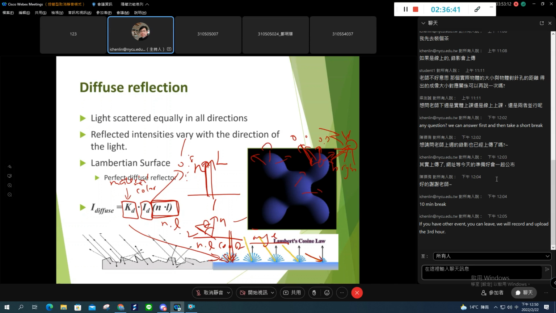So based on this kind of image, we can estimate the surface normal from a single image, or of course we can also use multiple images. So this is the most important reflection component. We may use it for our homework number 1.